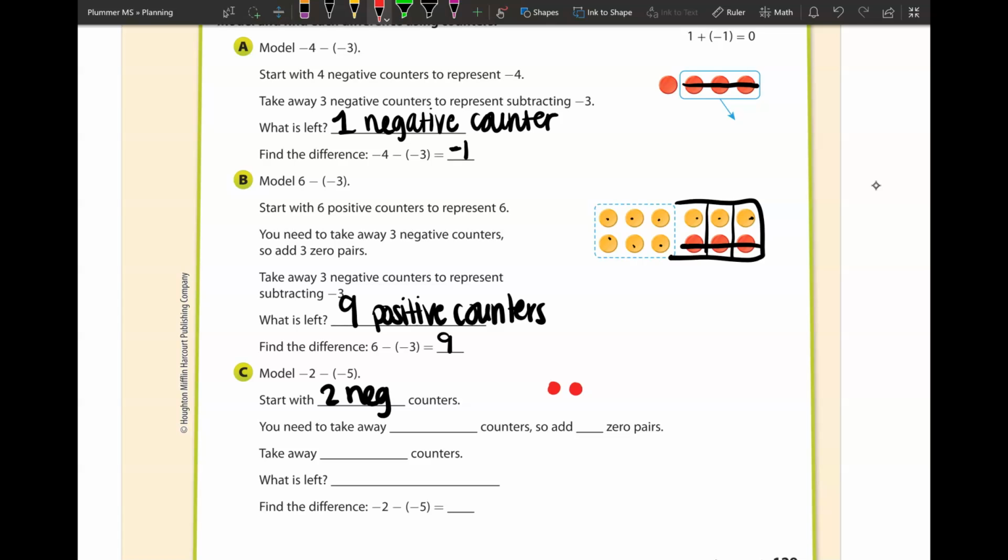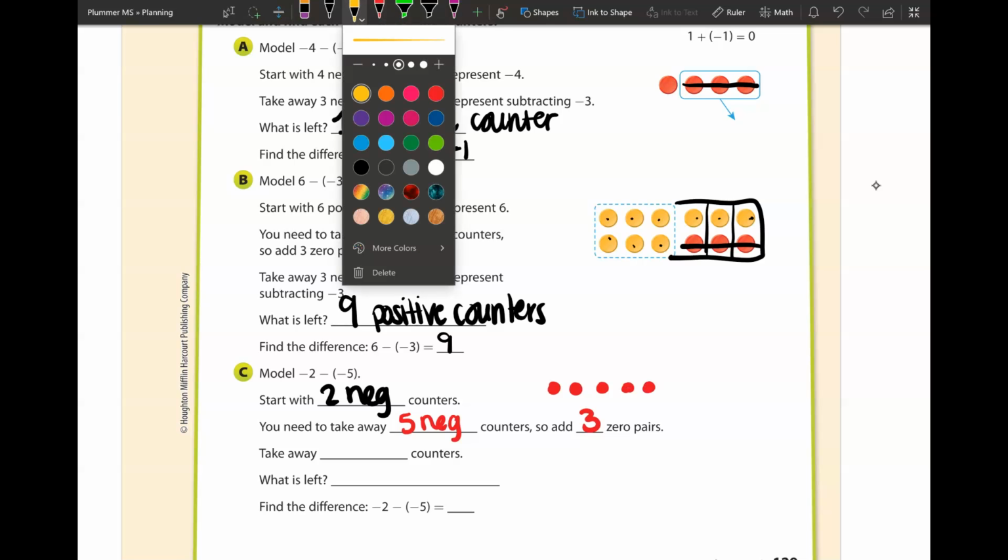Now, although they need to remove 5 negative counters, you already have 2 negative counters. So you only need to add 3 0 pairs. Because I'm taking away -5, so you need to take away -5 counters. So I need to add 3 0 pairs. So I'm going to add 1, 2, 3. And then I need to represent my positive.